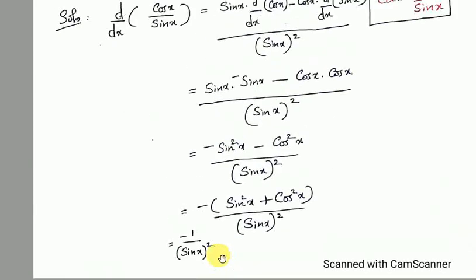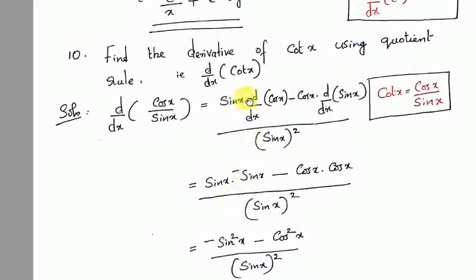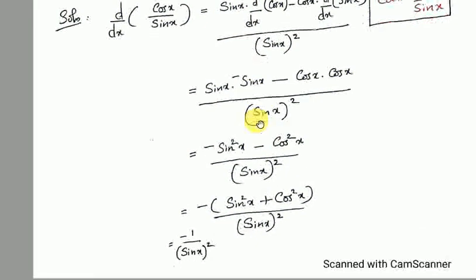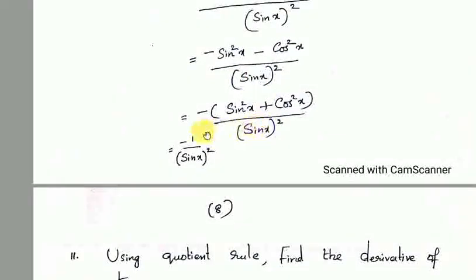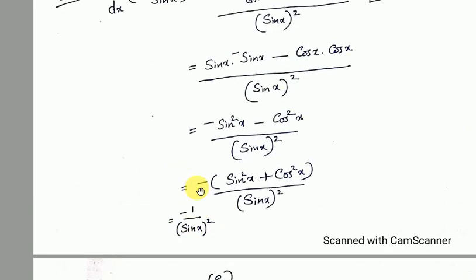So what do we get here? Derivative of cot x, we can get it as minus 1 by sin x the whole square. What is 1 by sin x? It is cosec x.